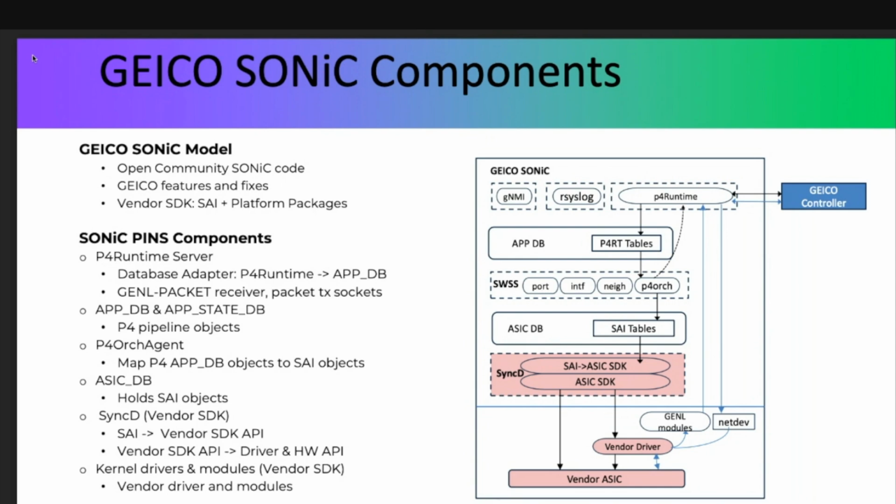And once those entries are made, the syncd component, which is part of the vendor SDK, takes the SAI objects through the SAI interface and makes calls into the vendor SDK API. And the vendor SDK API is then mapped into the driver and hardware API.